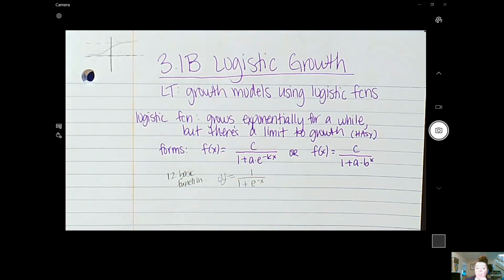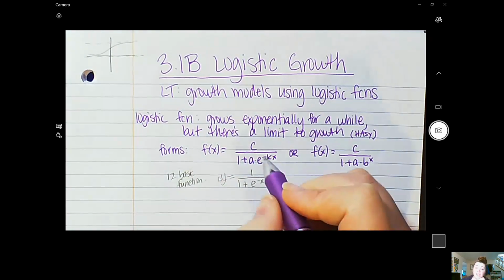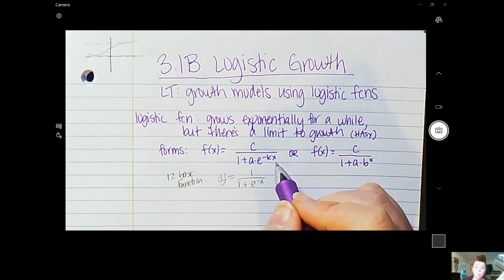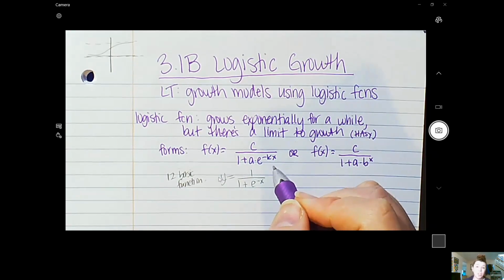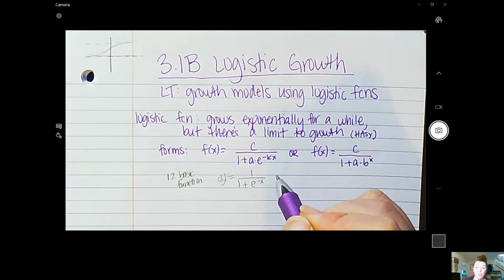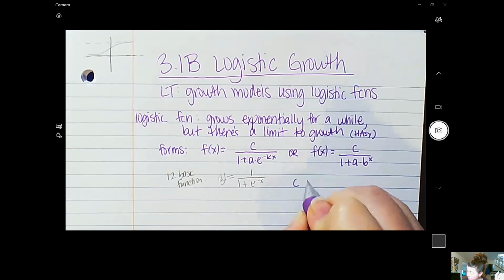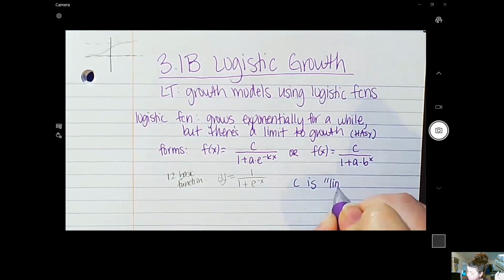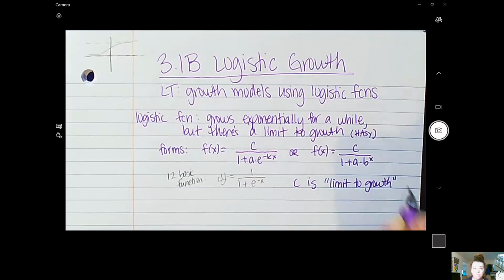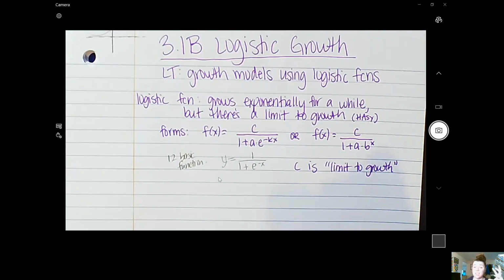All right, so that c is the most important number for us because it's the one that we're going to look at in the equation and automatically use. The c is the limit to growth. The c is the maximum sustainable population.